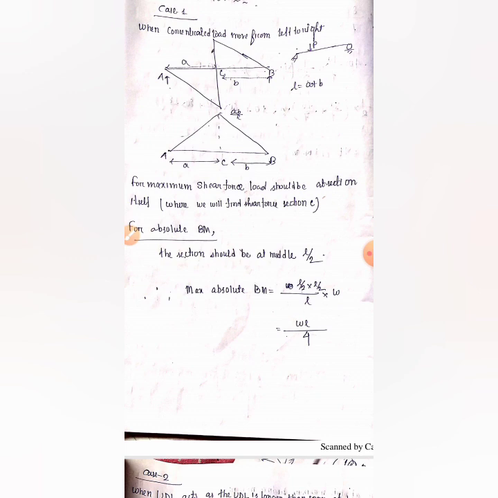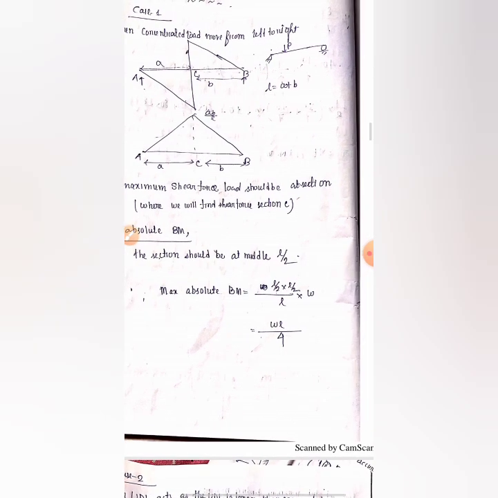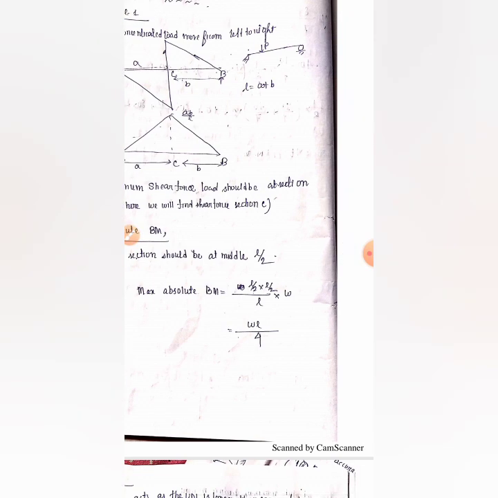So whatever we do, there is a formula for the ordinate, we do AB by L. Now A equal to L by 2, B equal to L by 2, so L by 2 into L by 2 divided by L. That means from here we get L by 4.